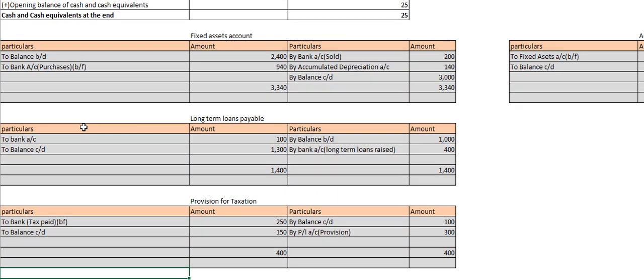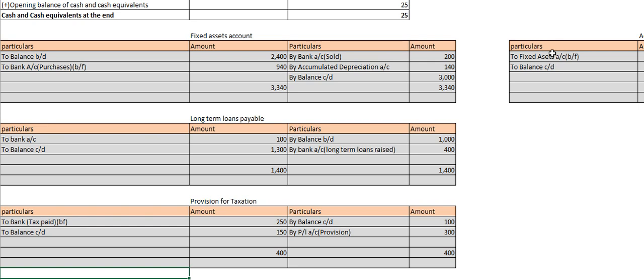So first we have our fixed assets. To balance brought down 2400, by balance carried down 3000. In the adjustment they tell you the fixed asset was disposed at rupees 200 lakhs, which means by bank account 200 lakhs, and accumulated depreciation is 140.